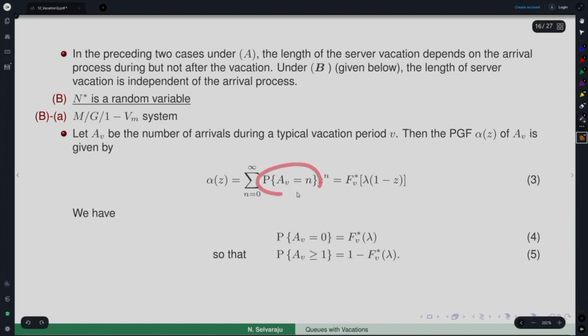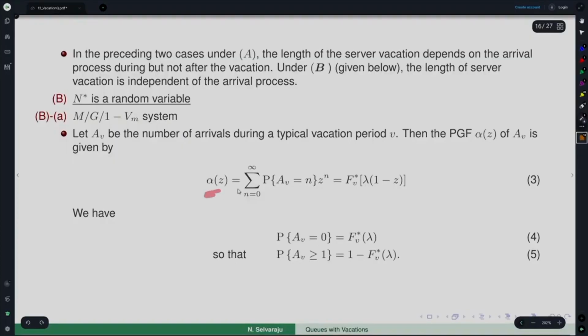Now, during a vacation period, once you are given the vacation distribution, you can obtain this in terms of the distribution of the vacation duration, like what we have done in M/G/1, the number of arrivals during a service period and so on. In a similar way, you will arrive at this expression.